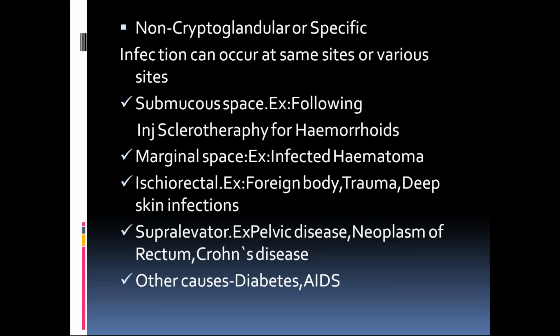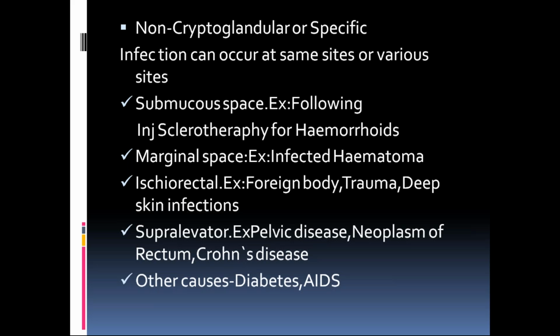Okay, next is supralevator. Apart from the intersphincteric anal gland infection, there are some specific diseases, that is neoplasm of the rectum, Crohn's disease, and pelvic disease. In pelvic diseases, there could be some gynecological disease, that is pelvic inflammatory disease, or appendicular inflammation or an appendicular abscess.